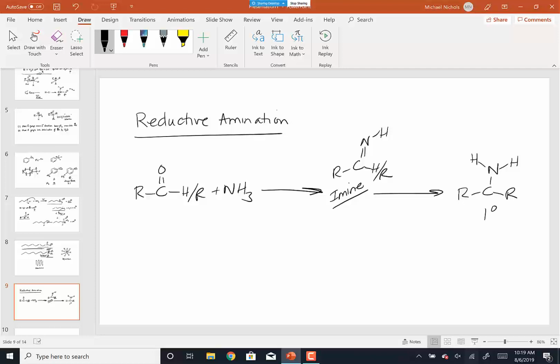So I make my imine. How do I convert my imine to my primary amine? What do I have to do? Oh, I forgot an important part. What's the first part in this reaction? It's called reductive amination. So we could consider this the amination part.